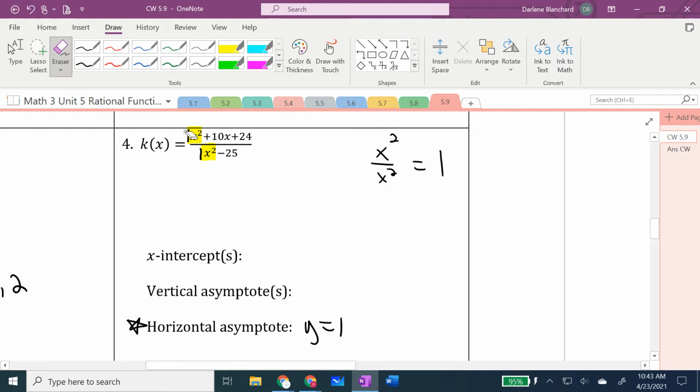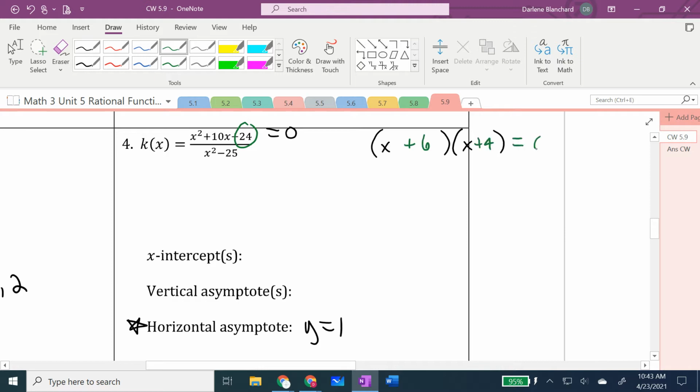Then the other two things are X-intercept, what makes the numerator equal to 0. If I factor, I'm looking for two numbers that multiply to make positive 24, but when I add them, I get a positive 10. 6 and 4 come to mind.